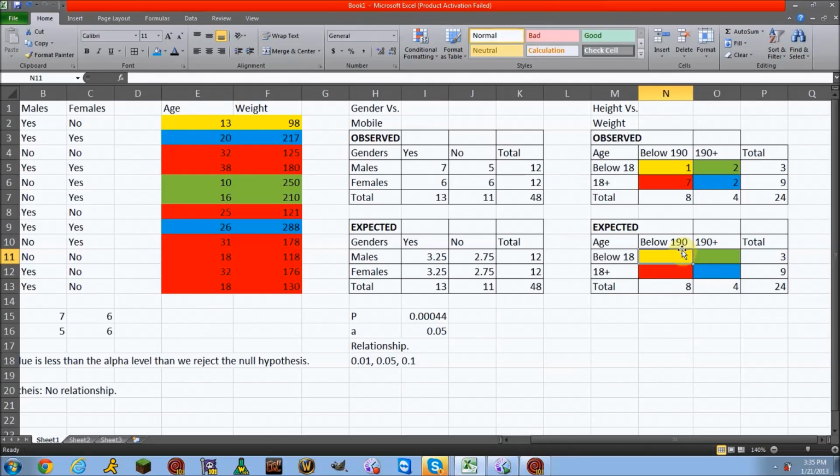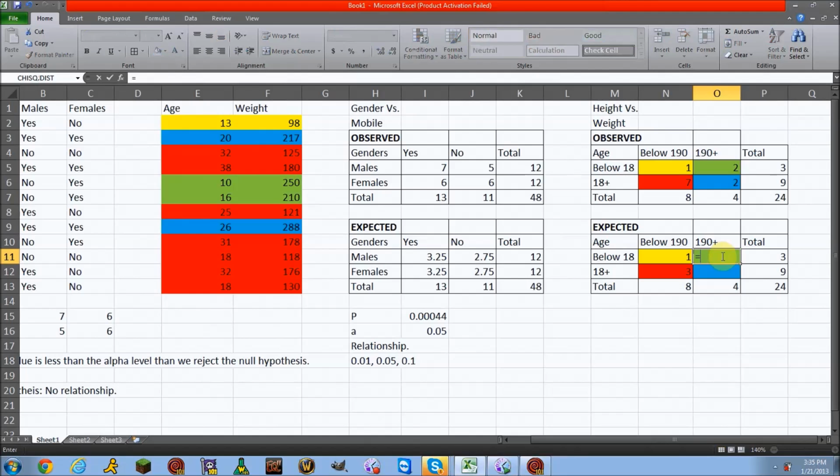You go equal, click our first number, multiply by that second number, divide by that, click enter. Same thing here, equals, click that number, multiply by that number, divided by that number, equals.